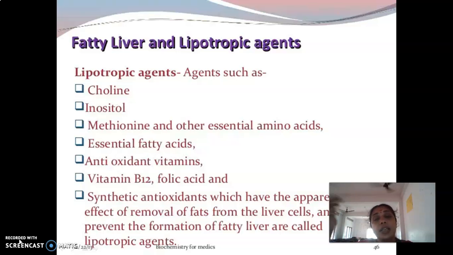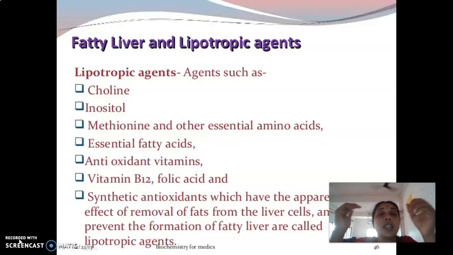Earlier we classified the fatty liver based on the biochemical reasons. Clinically, the same reasons are coming, but the condition we call non-alcoholic fatty liver disease. So how can it be prevented? The chances for the development of fatty liver can be prevented by the consumption of a class of molecules known as lipotropic factors. Why does a cell become fibrotic? Because the normal consistency of the cell is lost. A normal cell has abundant cytoplasm with the nucleus and all other cell organelles laden in it.